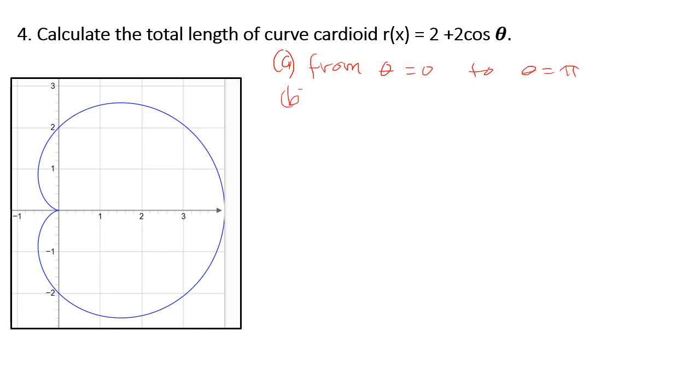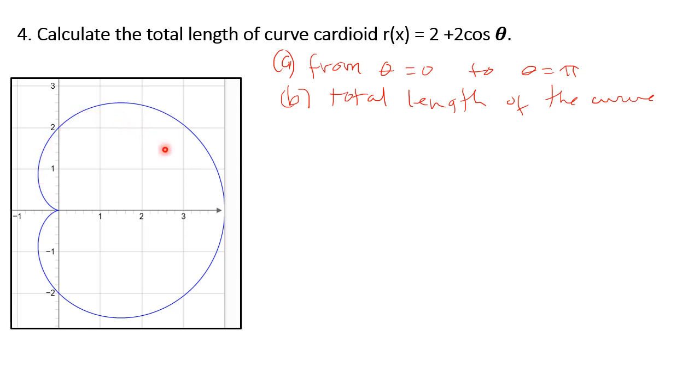In letter B, the total length of the curve. So this is the total figure, the graph of the curve 2 plus 2 cosine theta. So find the total length of this curve.